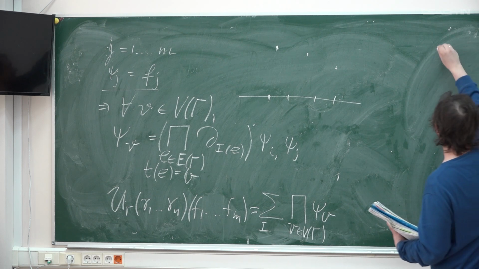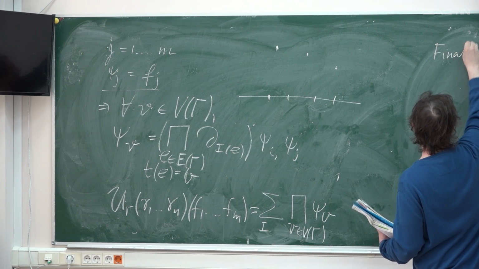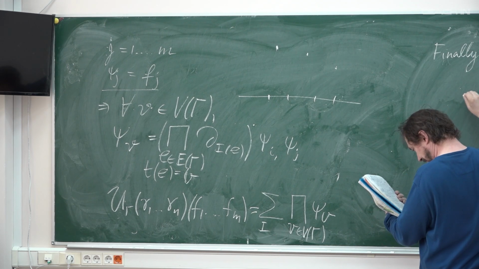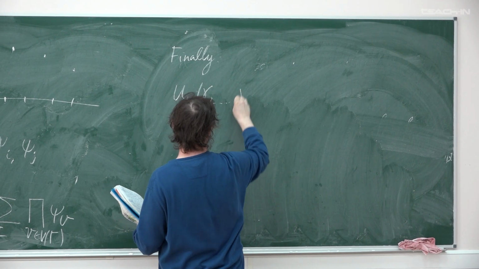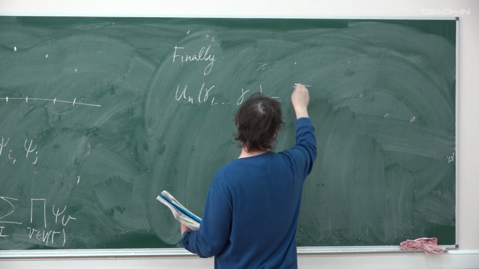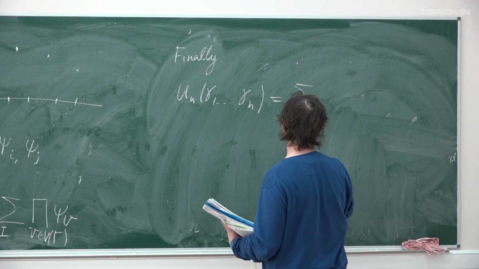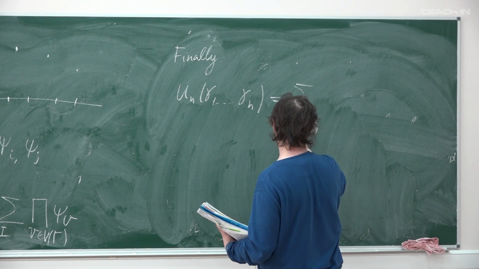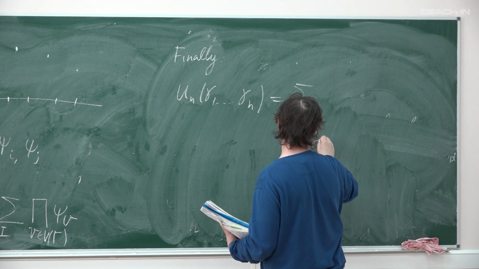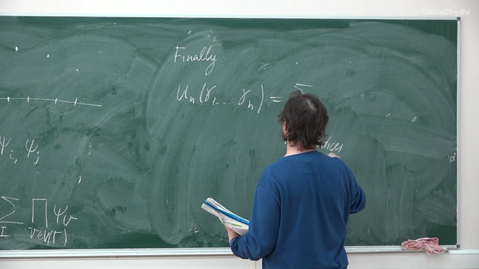So finally, we just put Un of gamma 1 through gamma n equal to the sum for all gammas with n, m vertices.